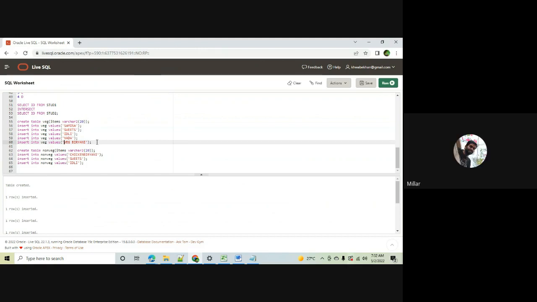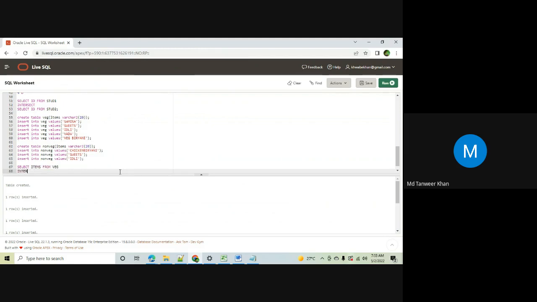Idli and sweet, right? It is present in both the counters. So for that, the query will be select items from veg intersect select items from non-veg.